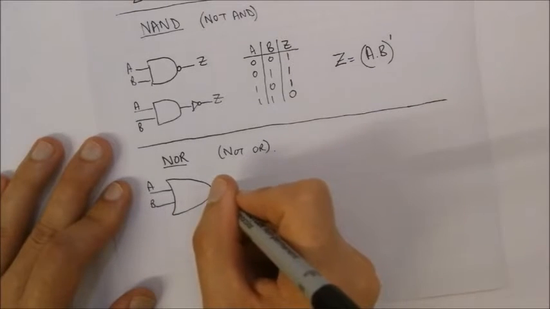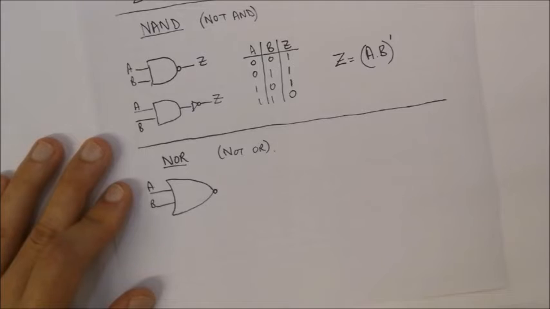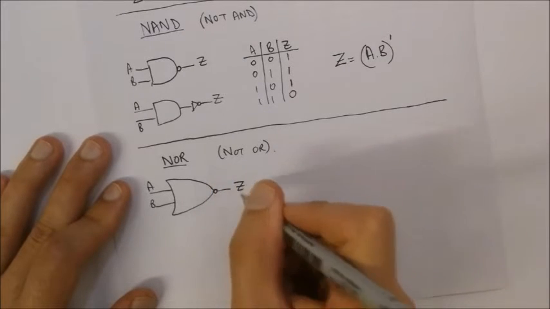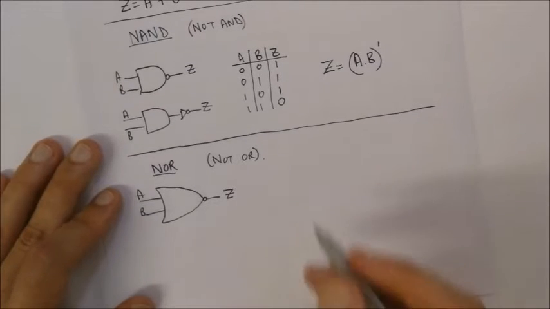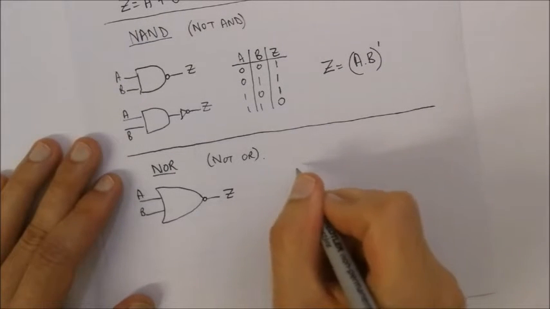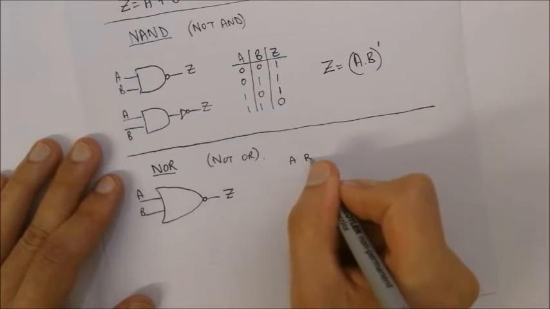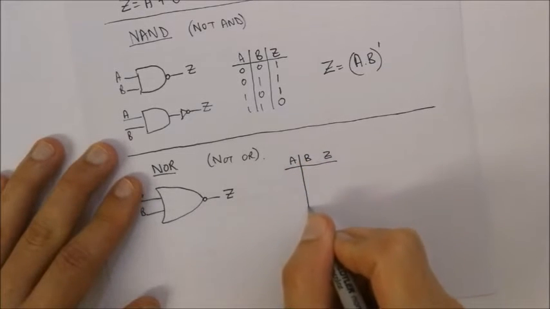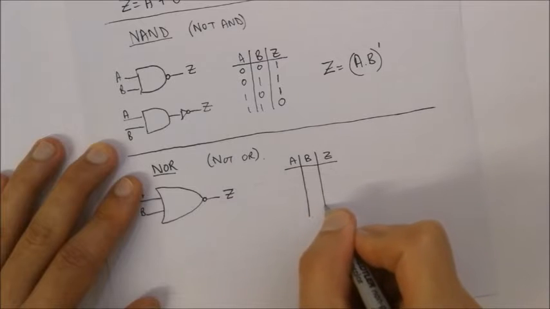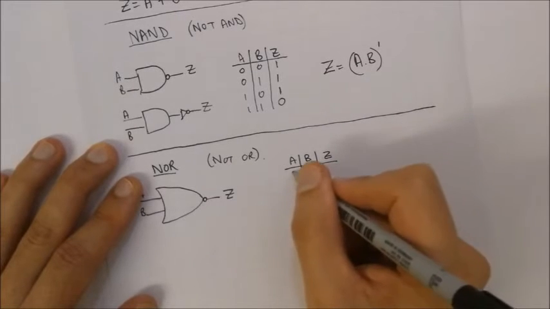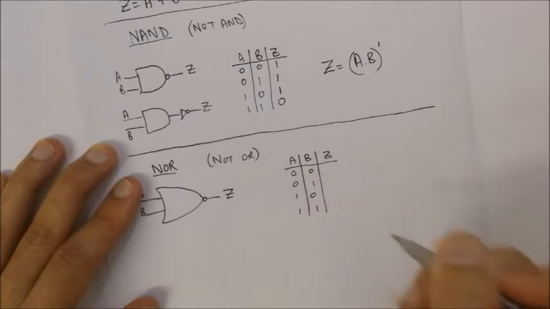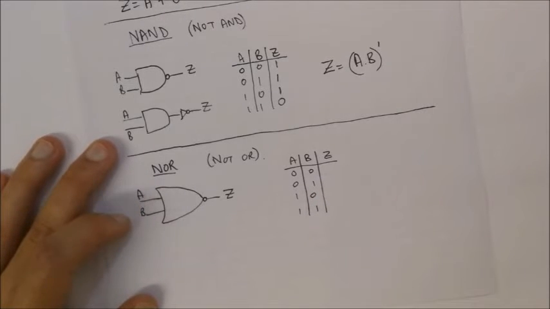But you've got over here a little circle which represents a NOT before it goes to the output Z. The truth table for your NOR gate is, so we'll have A, B, and Z. Again, we'll be looking at all the numbers, so 0, 0, 0, 1, 1, 0, and 1, 1. So that's our different inputs we're able to get.